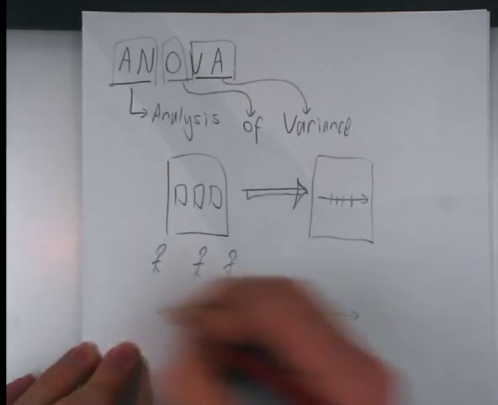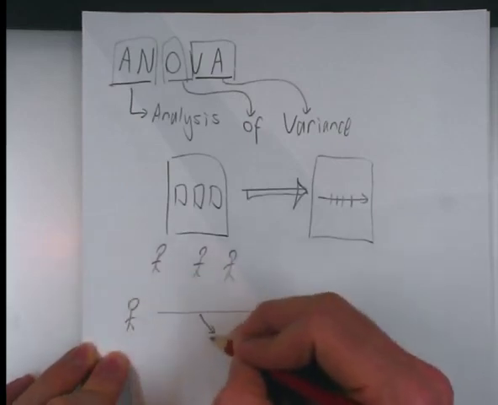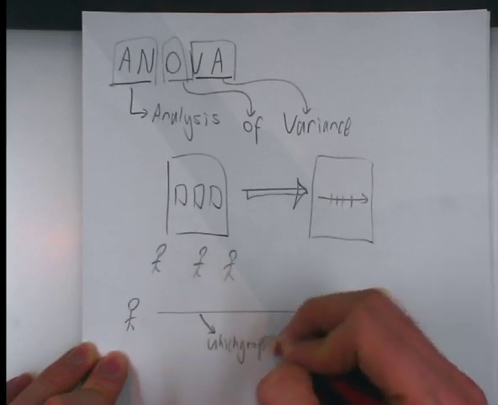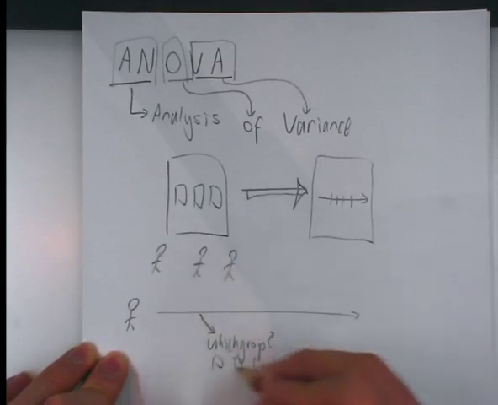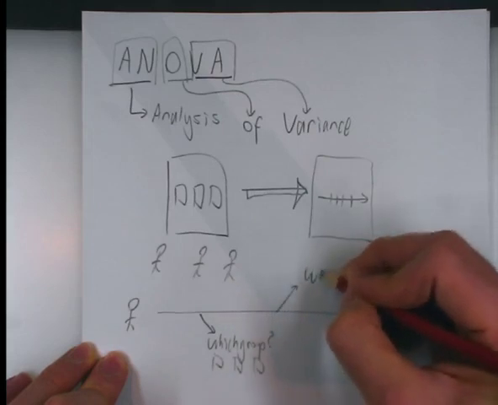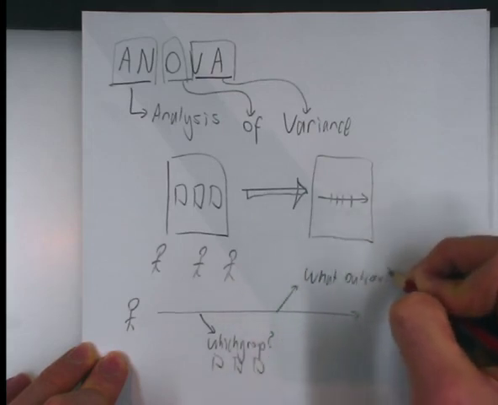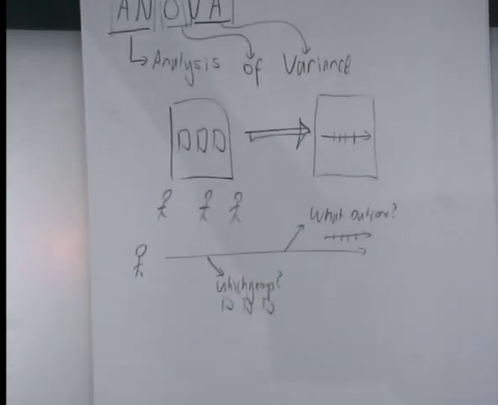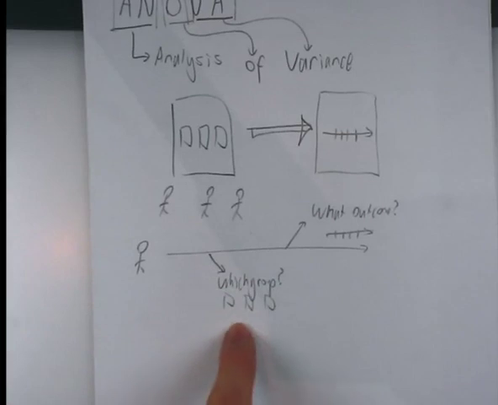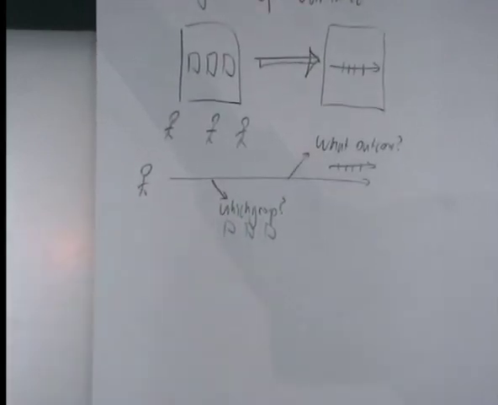So if you imagine the time order for a single person, at some point you've said which group, and it's one of the 3 options, and then later it's what's the outcome. So the picture of the time order of events is exactly the same as it is for the unpaired t-test. It's just that instead of only having 2 options for which group, there's 3, or 4, or 5, or however many there are. Once you get past 5, we probably should be doing regression because our groups are probably distinguished by numbers. So that's what analysis of variance is for.